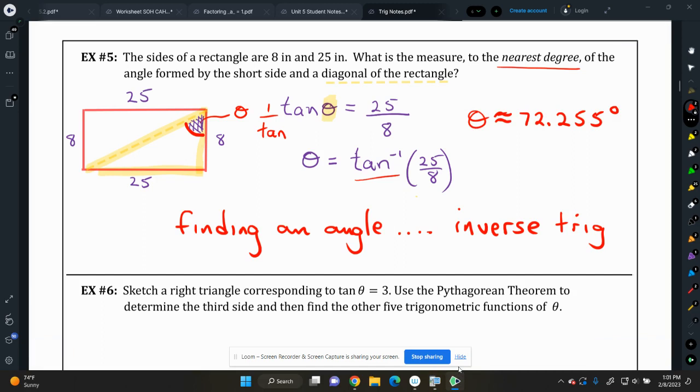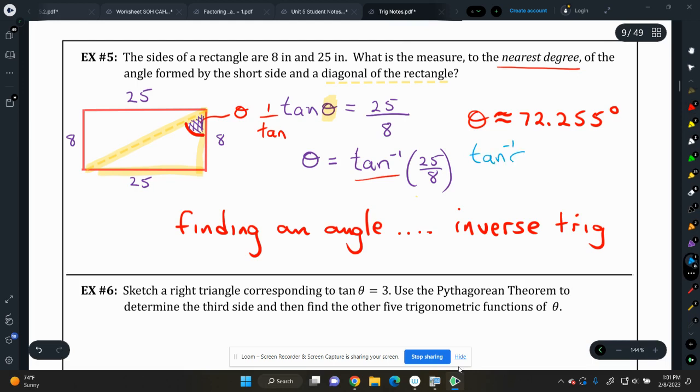Okay. Yes? Since tangent to the negative first is inverse, and 1 over tangent is cotangent, why would we use 8 over 25? So yeah, be careful. It looks like this would be the case, but it's not. These are not equivalent.